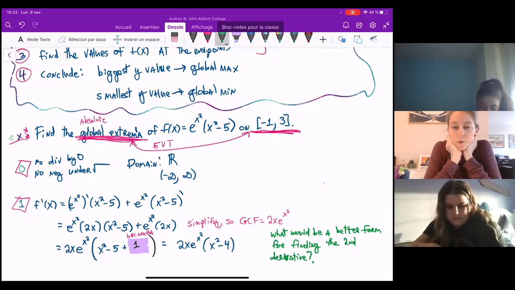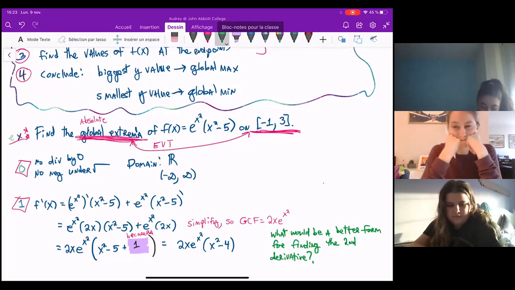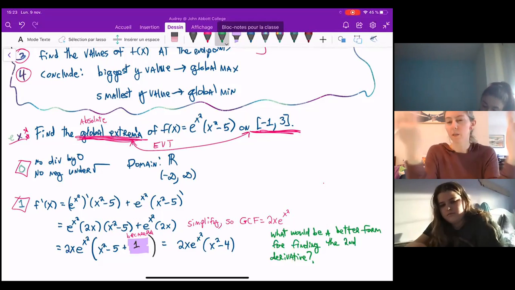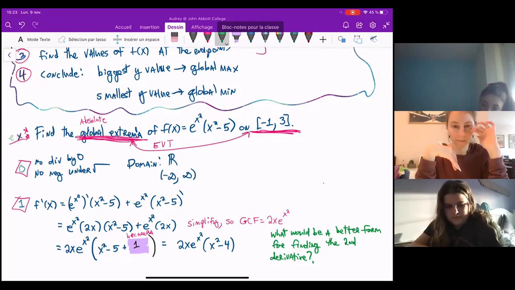Tell me in the chat what you think. This is already the simplified form. So what would the simplified form for a second derivative look like that would be different from this?